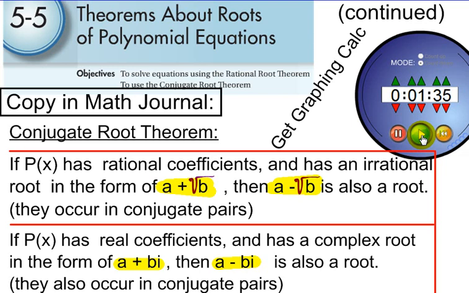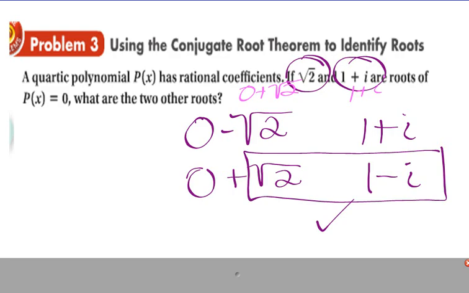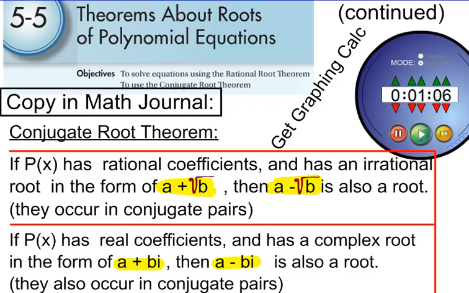When you finish, pull up your assignment. When you finish this, turn your assignment over to the back. I think it's problems 18, 20, and 22. See if you can work those now. I'll go over one before we start, but we're going to wrap this up very quickly. And you do them just like this.